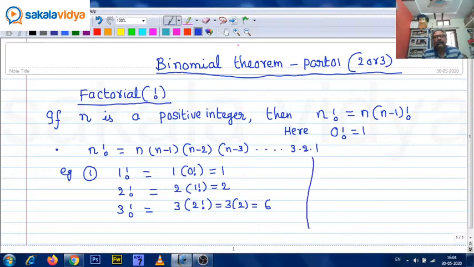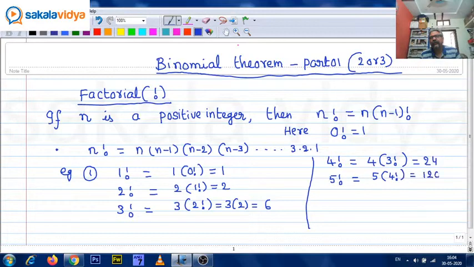Similarly, 4 factorial. What is 4 factorial? 4 into 3 factorial. 3 factorial is 6, so 24. Similarly we can find 5 factorial. 5 factorial is equal to 5 into 4 factorial. 4 factorial is 24, 5 into 24 is 120.